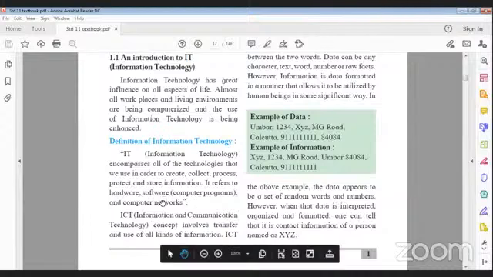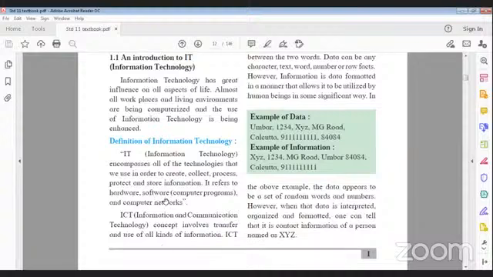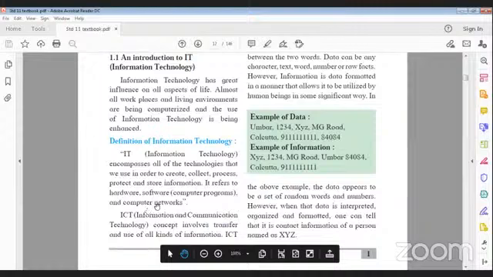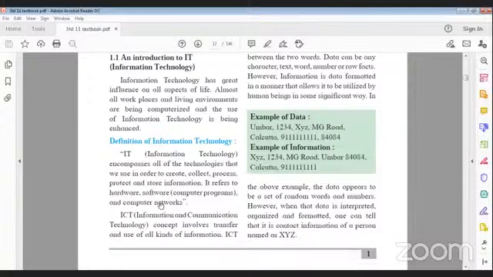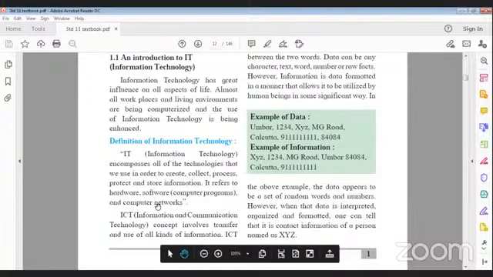Now, what is network? Network is how your computer will get connected to the other computer for communication. So, when one computer is connecting to the other computer in order to communicate, a network is being formed. So IT also includes hardware, software, and networks, also called computer networks.